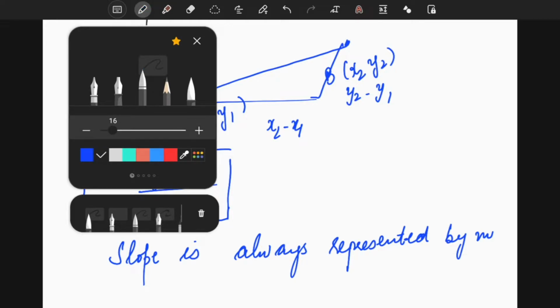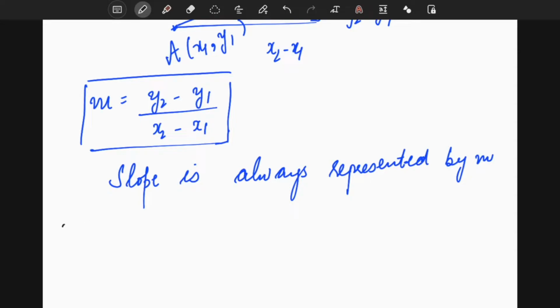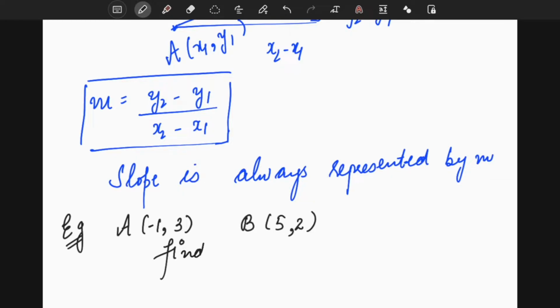Now we will do one question, like we have one example. We have 2 points. Point A, coordinates of point are 1, 3, and B, that is 5, 2. We have to find slope.